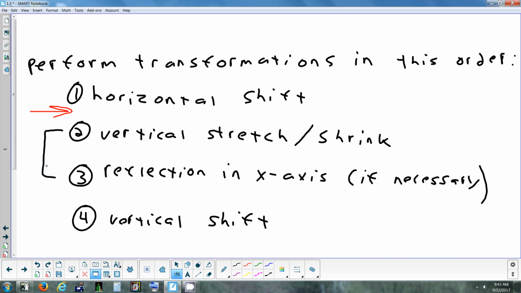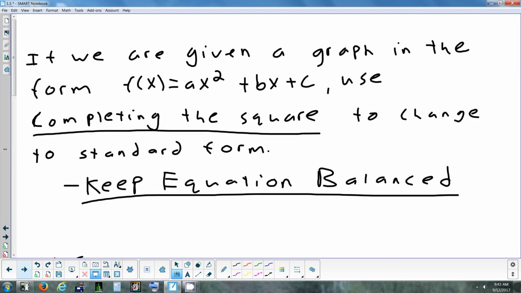So the important thing to remember is that when you complete the square, make sure you keep the equation balanced. Anything you do on the left, you're going to make sure you do on the right. Does anybody remember completing the square? Usually you use it to solve a quadratic equation. We're just using it to rewrite something in a quadratic. We're not actually solving it.